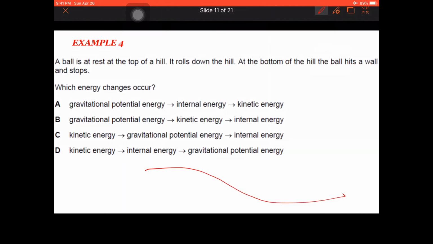Let's say here is your ball. Now you have to remember that it's at a height from the level ground. So we know that it has GPE, gravitational potential energy, and then it will go rolling down the hill. Now if it starts rolling down the hill, then we know that it has kinetic energy. Why? Because it's moving.